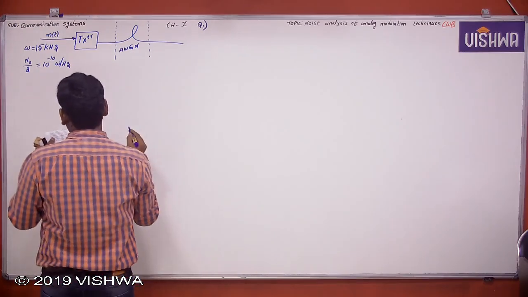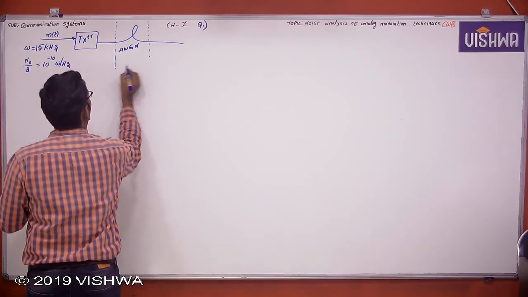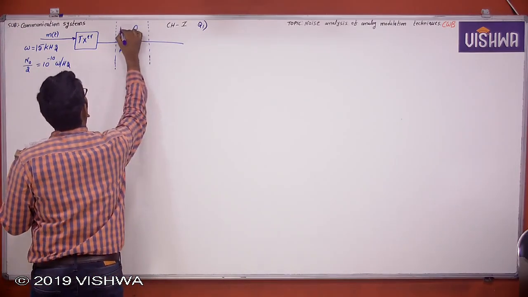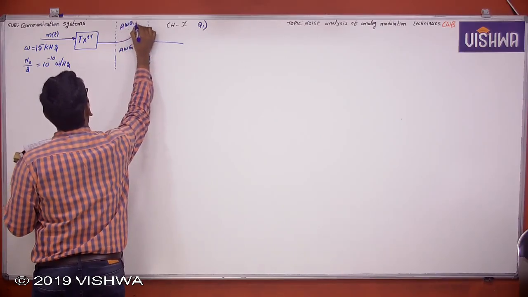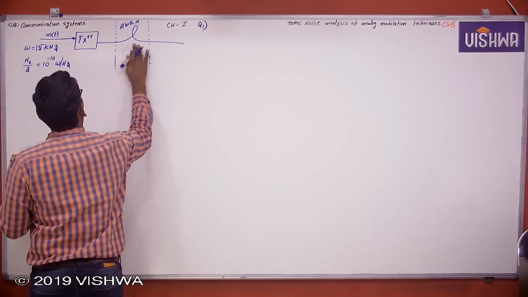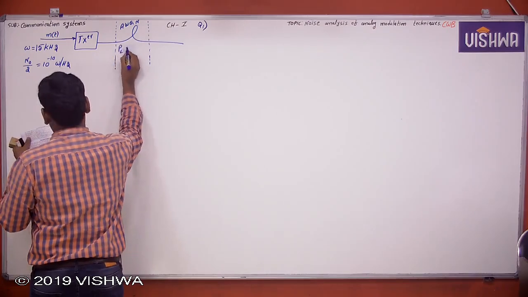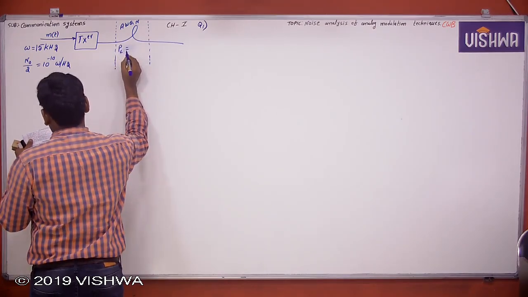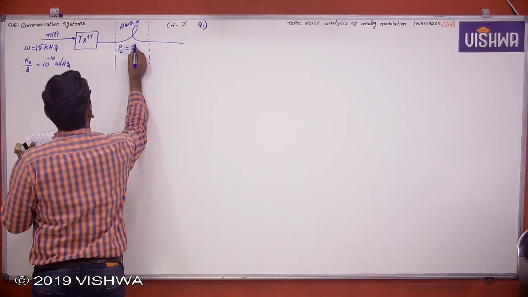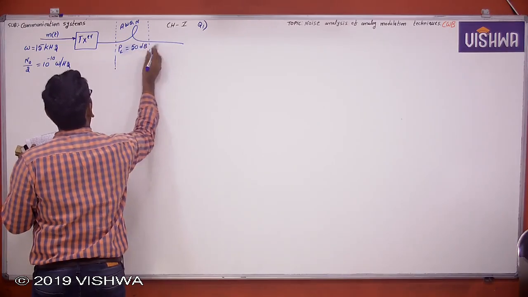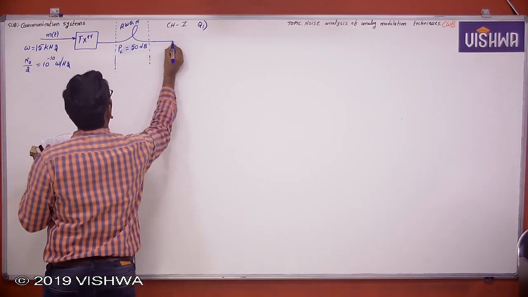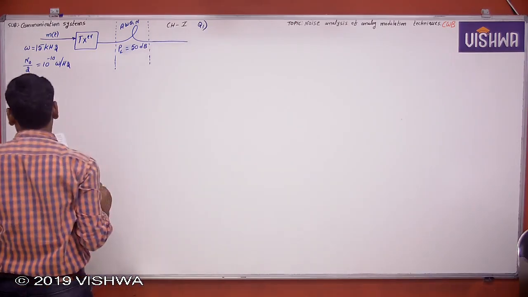And the power loss in the channel is 50 dB.